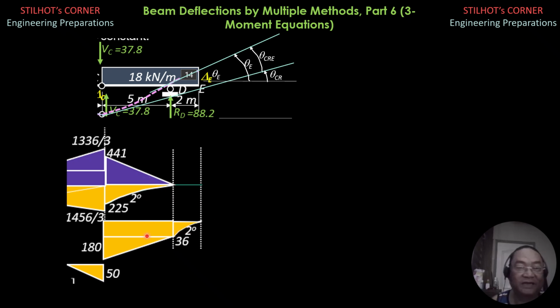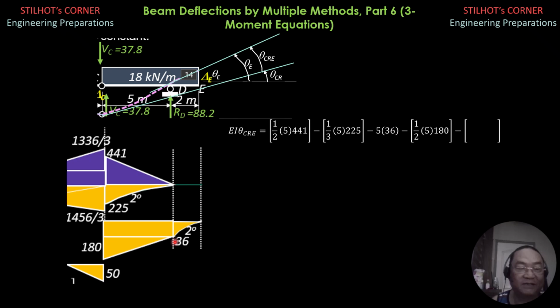So theta C right E can be computed as 1/2 of 5 times 441 minus 1/3 of 5 times 225, then minus this area 5 times 36, minus this area 1/2 of 5 times 180, minus this area spandrel 1/3 of 2 times 36. Calculating theta C right E is 73.5 over EI, positive as expected.